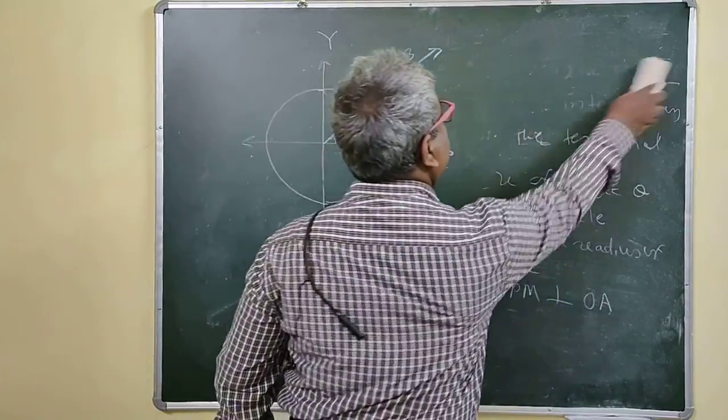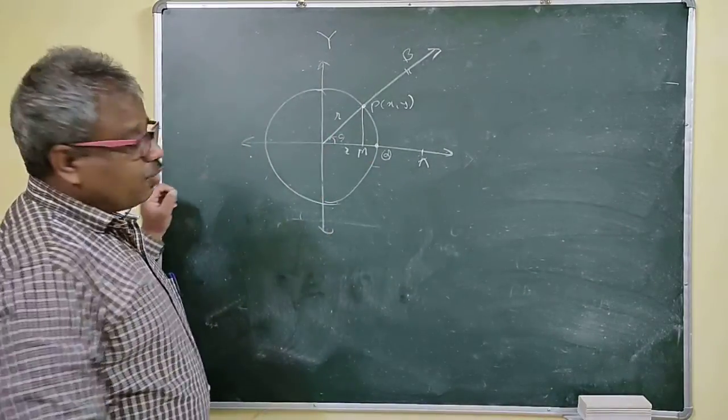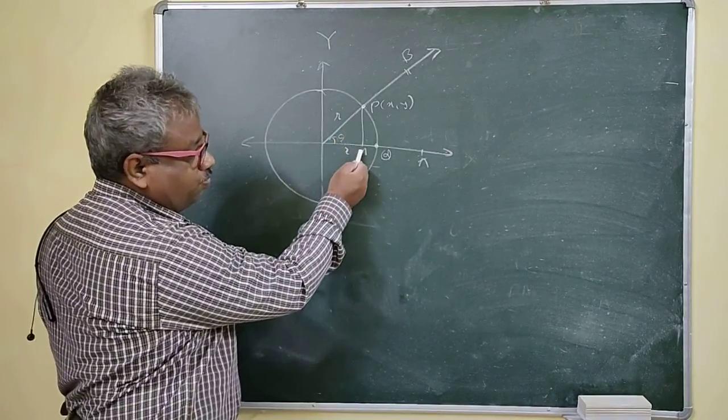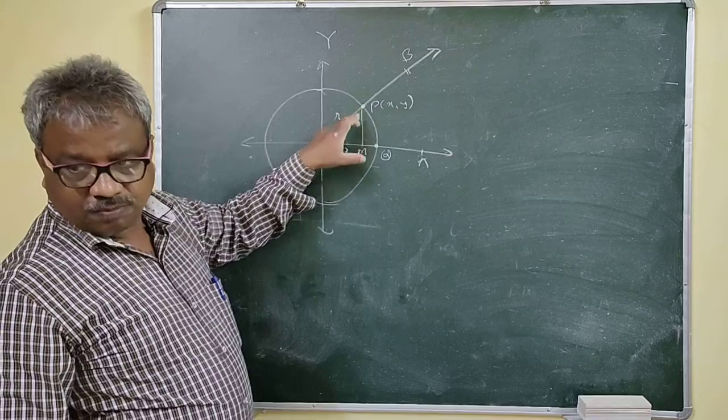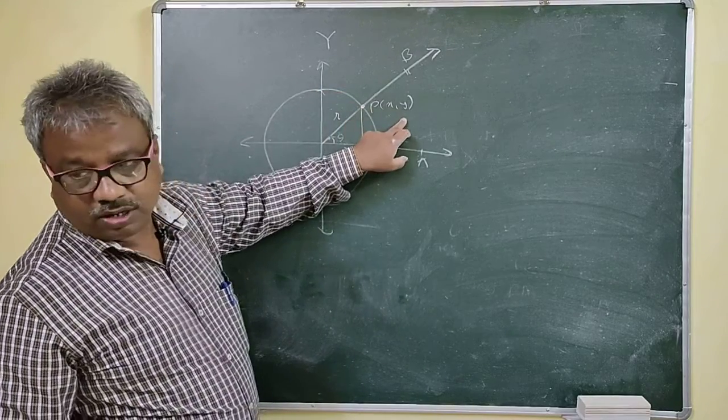Now we know that the perpendicular distance of a point from the x-axis is nothing but the y coordinate of that point.